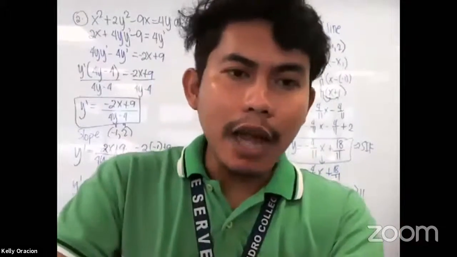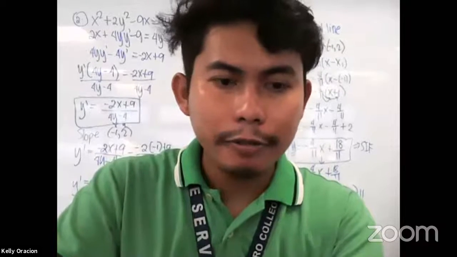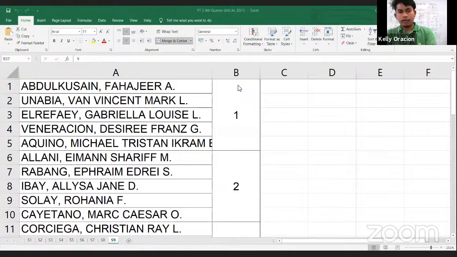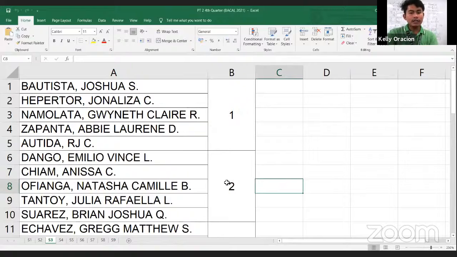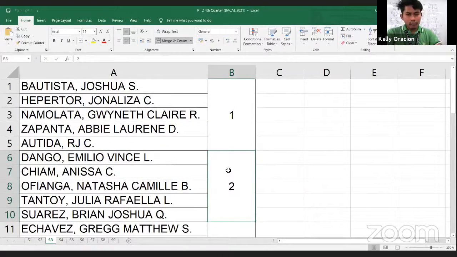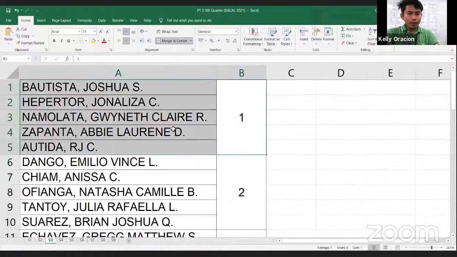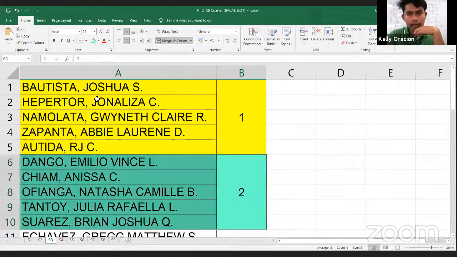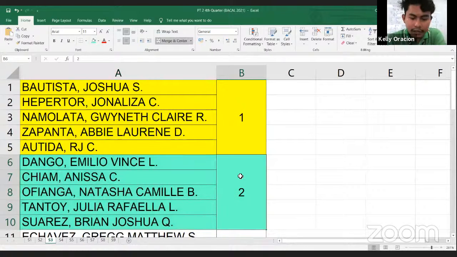Okay, so this time I am going to present to you the groupings. Kasi wala, ay, okay. So, insert na lang sila sa yung grupo na lang. For group 1 and group 2, okay, please take note of your groups. Kindly take note sa inyong grupo. Next.